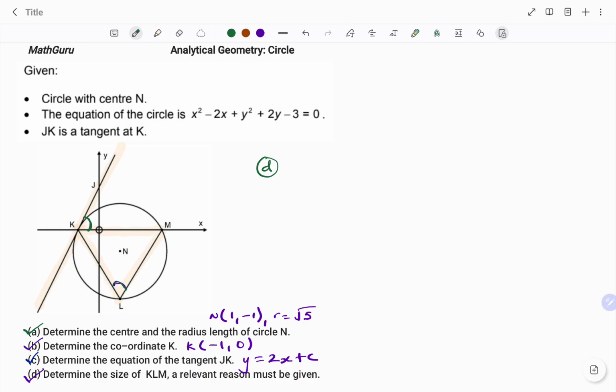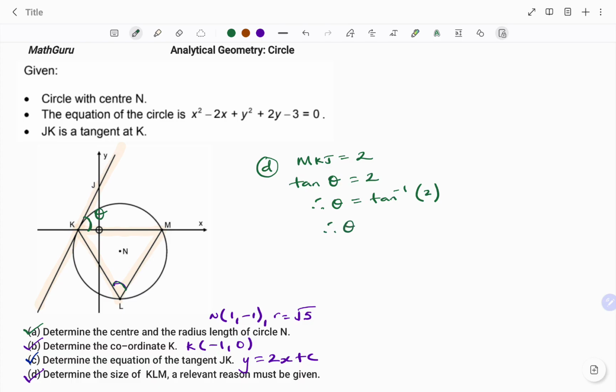So I just need to find the angle of inclination. From the previous calculation, I was able to calculate the gradient of the line KJ. That's equal to 2. So therefore, the tan of theta, I'm going to call this theta, which is the angle of inclination, is equal to the gradient 2. So therefore, my theta is arctan, that's the second function button of your tan button on your calculator.